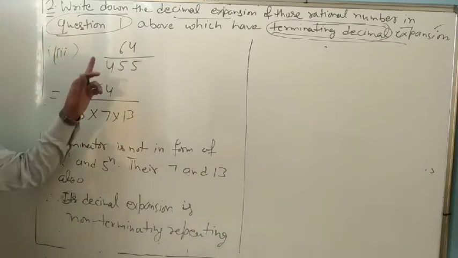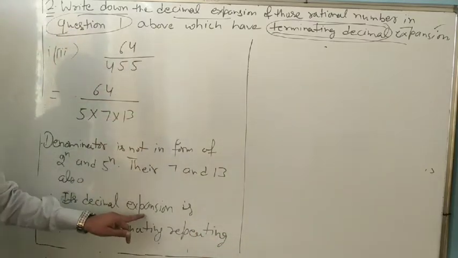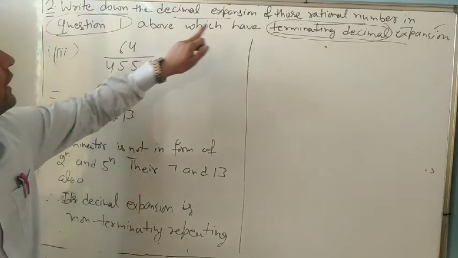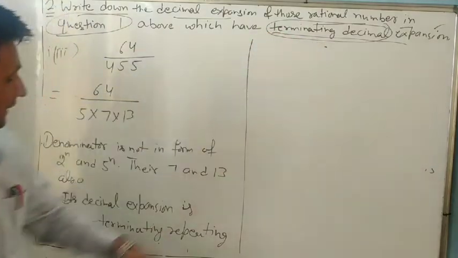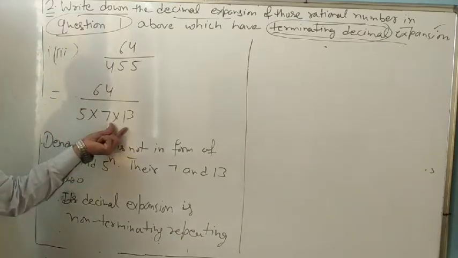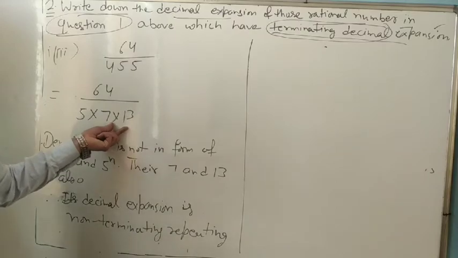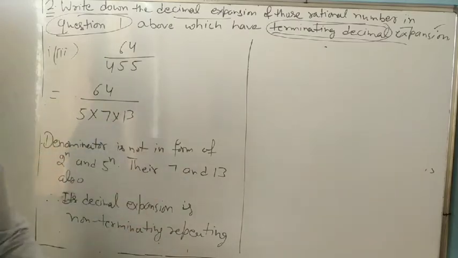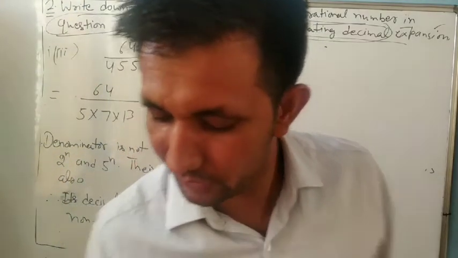So in question number 2 you have not solved it, because in question number 2 what is given? Only those which have terminated. It is non-terminating repeating. Understand why? Because in the denominator two more factors are given except 2 and 5, 7 and 13. That's all. Okay.